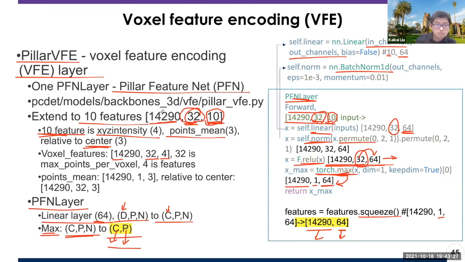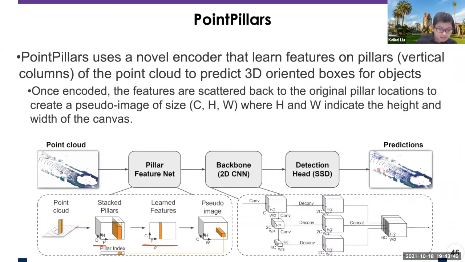Maximum over all the points, because you don't need every point's representation. You need one pillar to have one feature representation. So this is the pillar ID. Every pillar has 64 channels as a feature. So this is exactly the same as in this step. This is your learned feature. Then you have the next step.